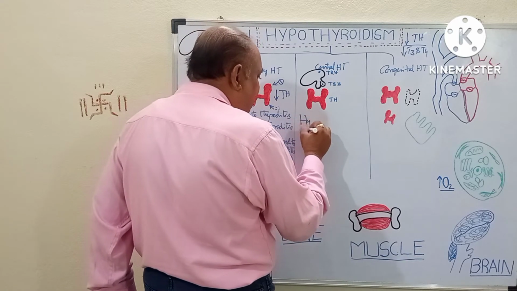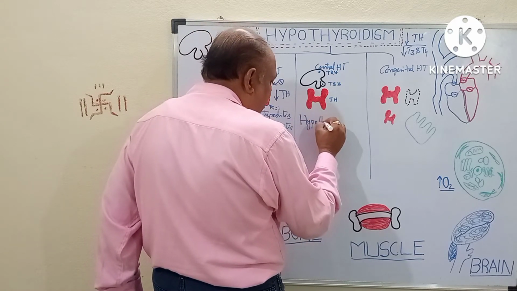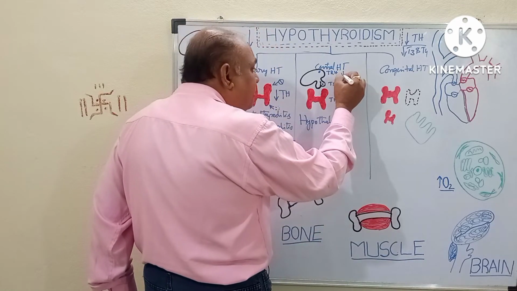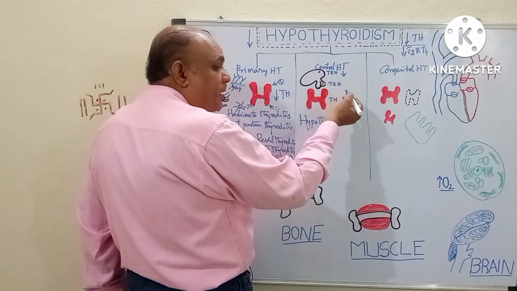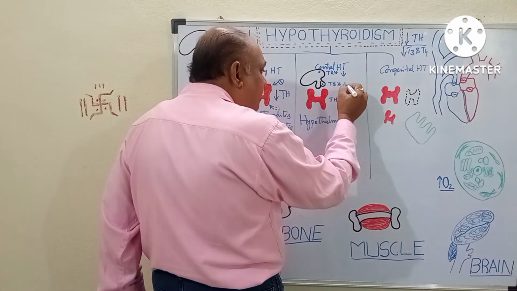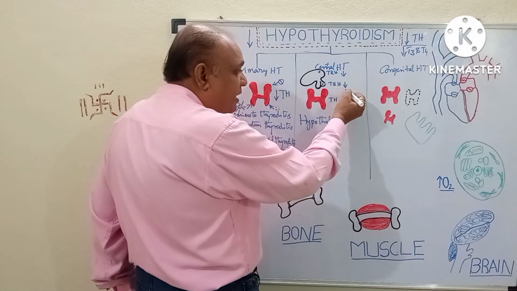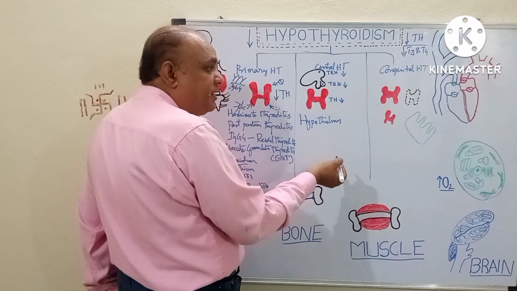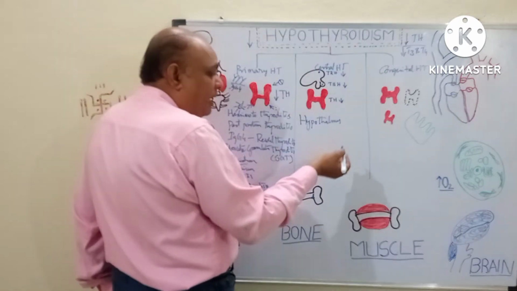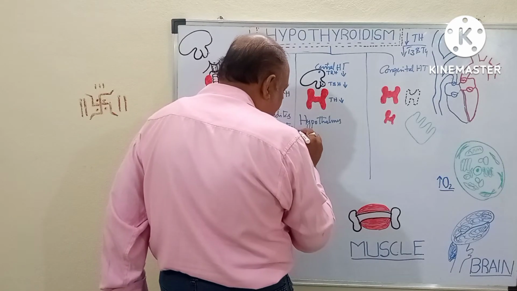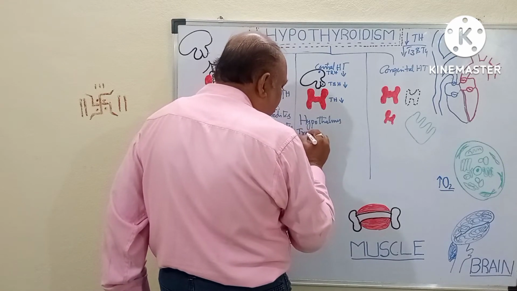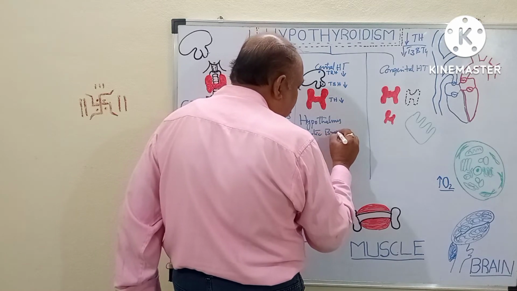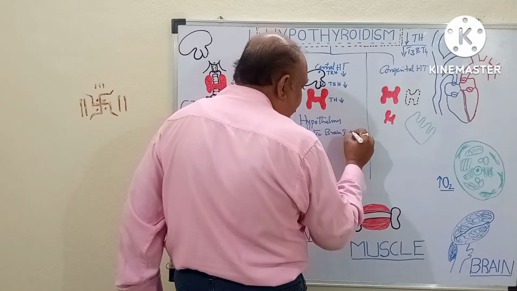Now, for any reason, if the hypothalamus reduces the secretion of thyrotropin hormone, the thyroid stimulating hormone secretion will be reduced, which in turn leads to reduced thyroid hormone secretion. That leads to hypothyroidism. This can be due to traumatic brain injuries.